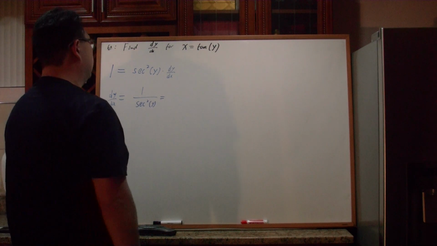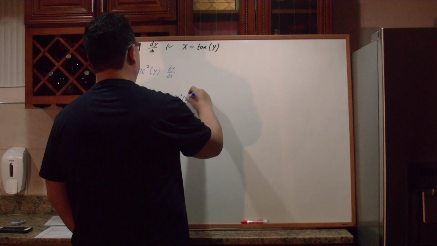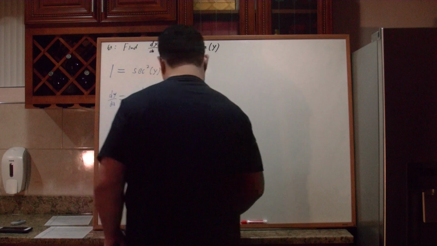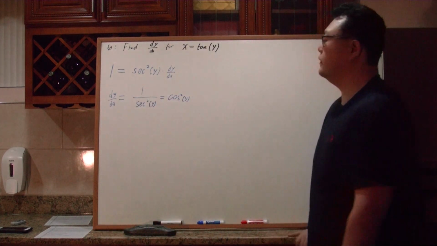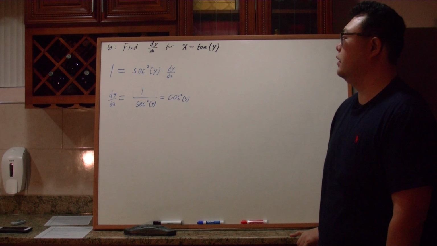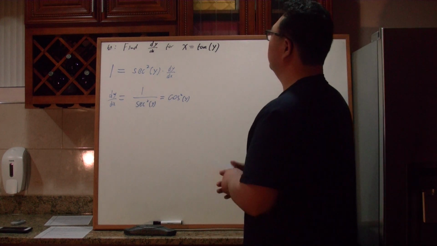If we want, we could just write it as cosine squared of y. If we want to stop here, that is fine. The derivative of y with respect to x is a function of y. But recall that tangent of y is x.